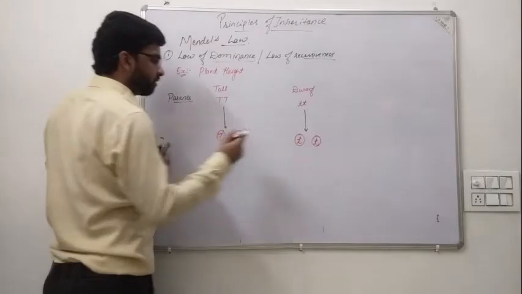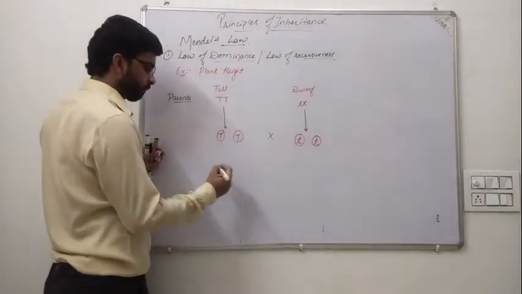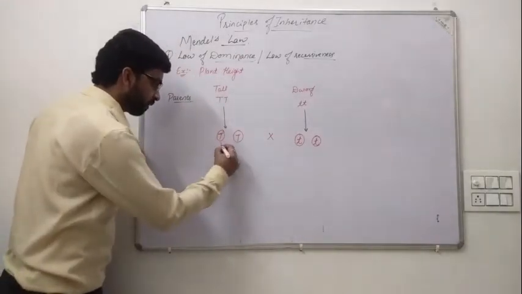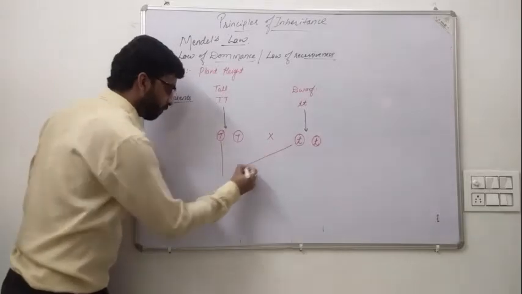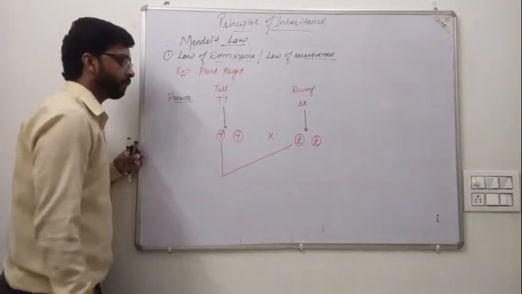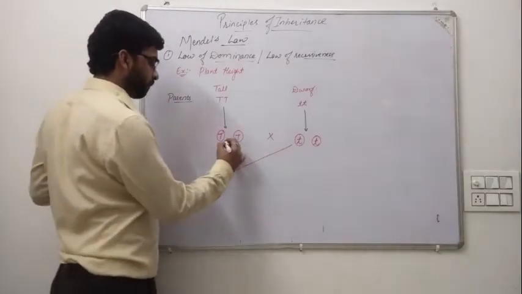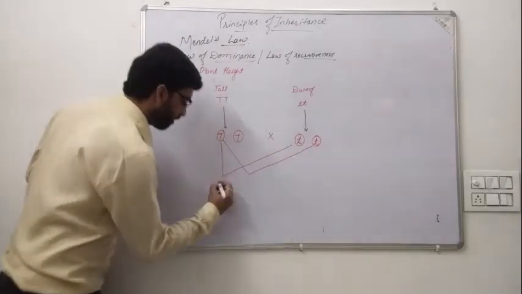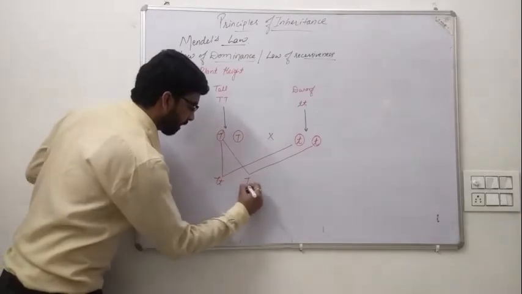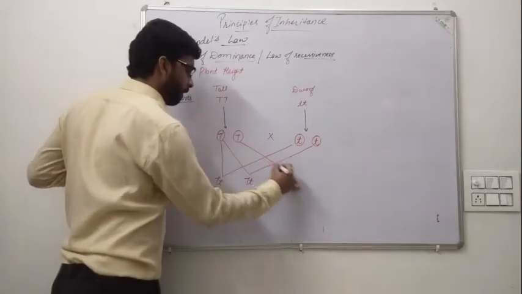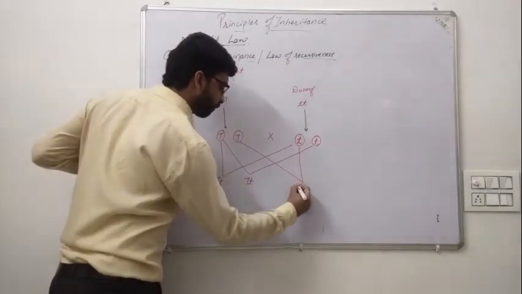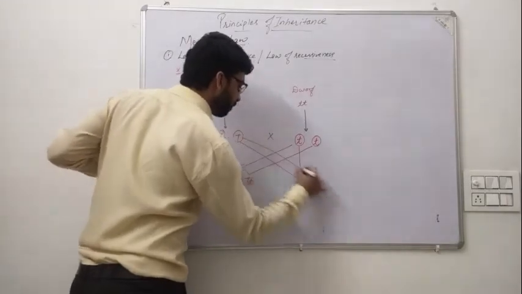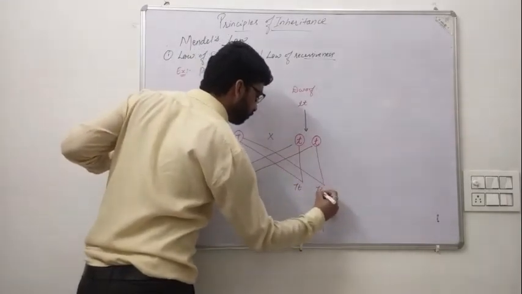Now we cross these gametes, and they will form capital T with capital T, capital T with small t, capital T, small t, capital T, small t, capital T, small t.